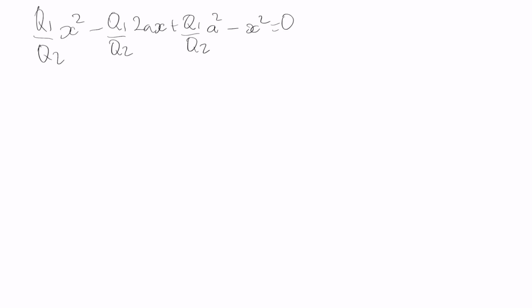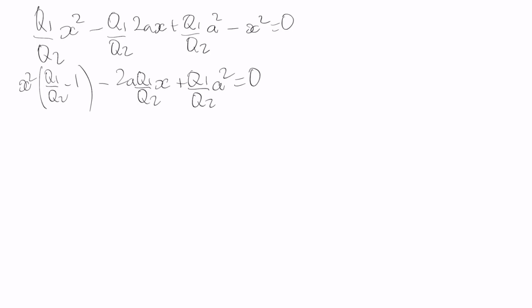So let's get all the terms with x squared out in front. What are we going to get? We're going to get x squared multiplied by Q1 over Q2 take away 1, then minus 2a Q1 over Q2 x, and then plus Q1 over Q2 a squared is equal to 0. Okay, so we have got a quadratic.